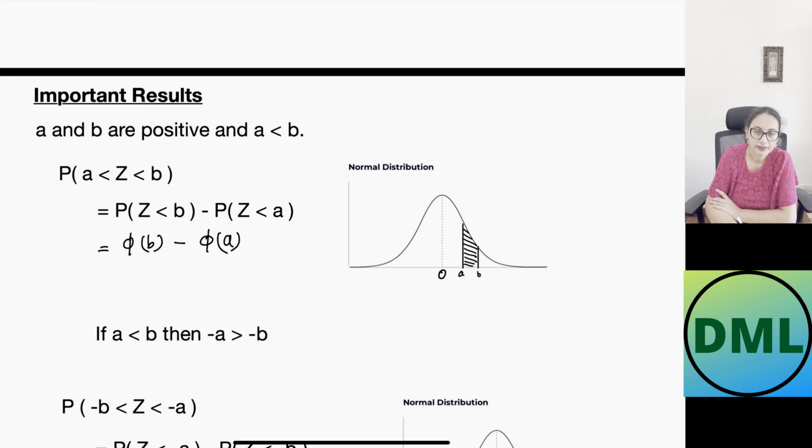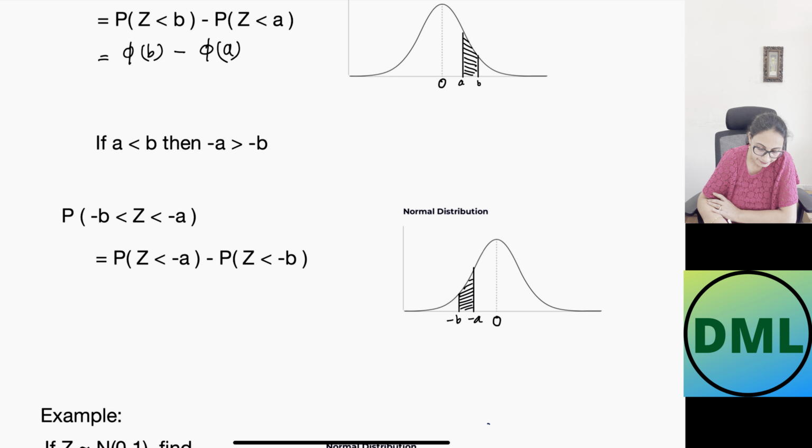Let's see the negative values inside it. If A is less than B, we know that if I multiply the full inequality with a negative sign, minus A will be greater than minus B. The value of minus A is greater than minus B. If we see the curve here, minus A will be written here because this value is greater, and minus B will be written here.